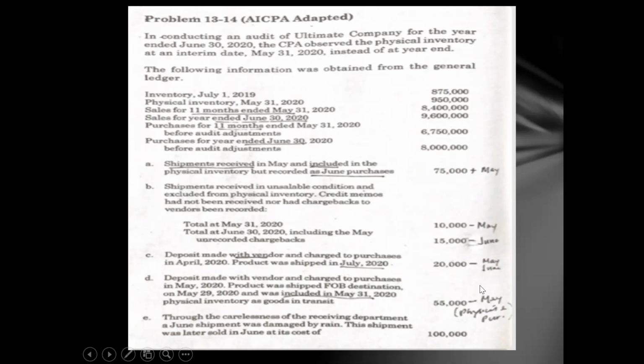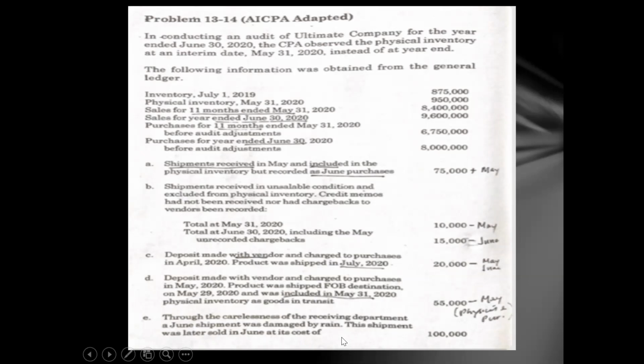Okay, so you must also deduct it from the inventory record because it was included. So deduct in May purchases as well as in the physical count or your inventory. Through the carelessness of the receiving department, a June shipment was damaged by rain. This shipment was later sold in June at its cost.